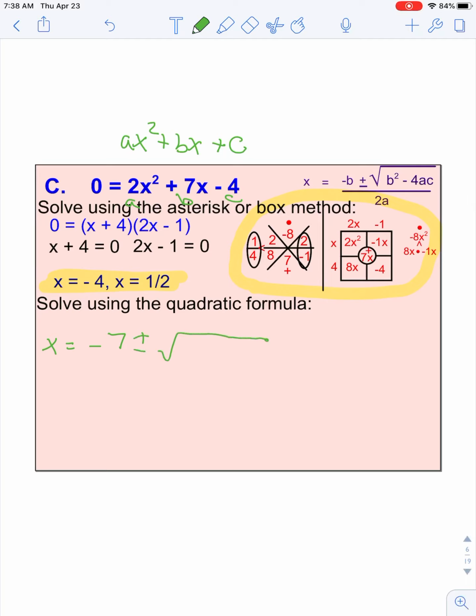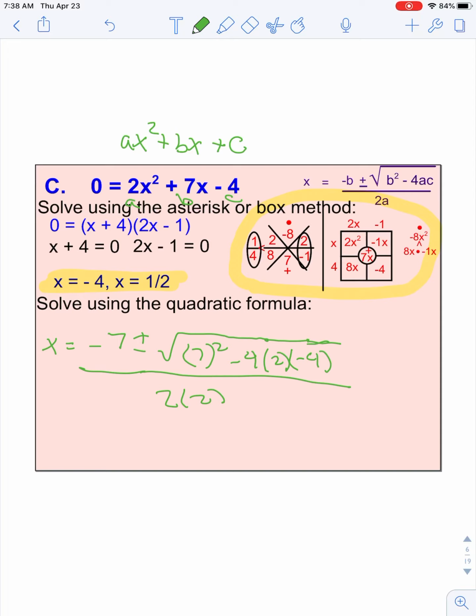And now we're going to have b squared, which is 7 squared. I'm always going to put that in parentheses, even if it's not negative. So b squared minus 4 times your a value times your c value, all of this over 2 times a.